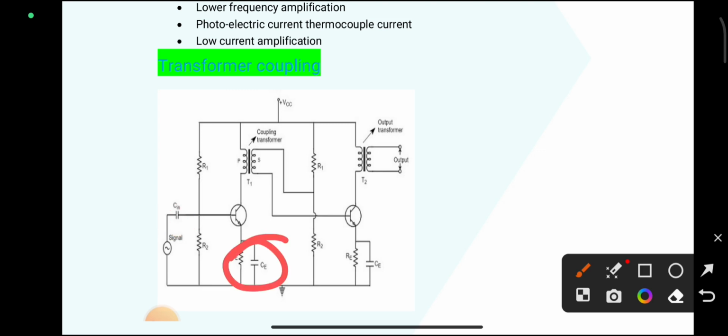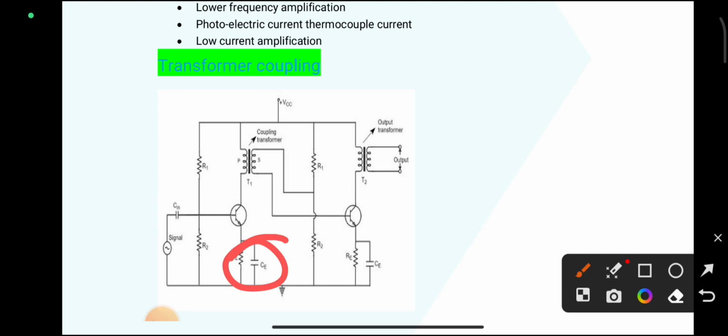This CE is called the bypass capacitor. I already explained the working of the bypass capacitors and also coupling capacitors in the RC coupled amplifier. This bypass capacitor bypasses the AC signal.